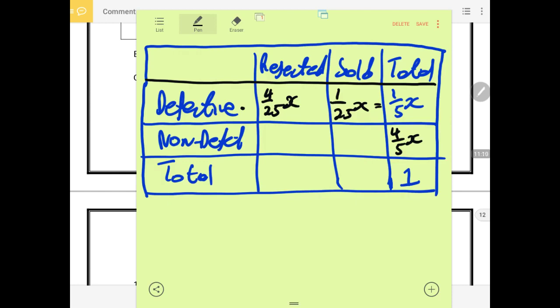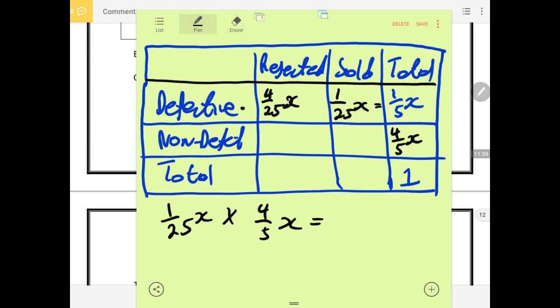So they said 1/20th of the non-defective, meaning 1/20th of the 4/5, is rejected by mistake, which is still rejected. So again, this is multiplication that is to take place.